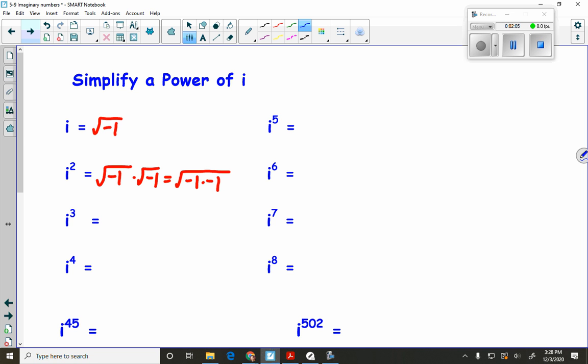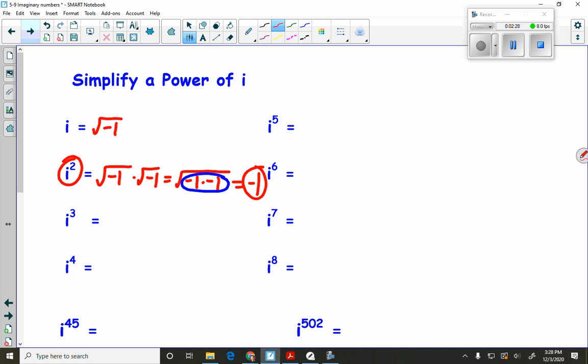You have to get it out of the square root before you can do that. So that means these are a pair of negative 1's, which is just a negative 1 on the outside. So I squared is a negative 1. So if you have an I times an I, it'll equal a negative 1.